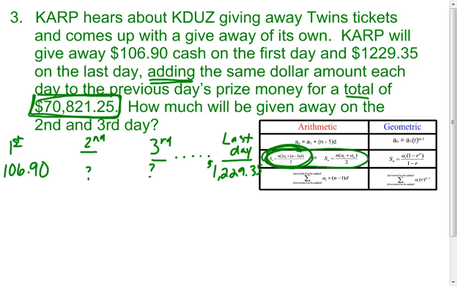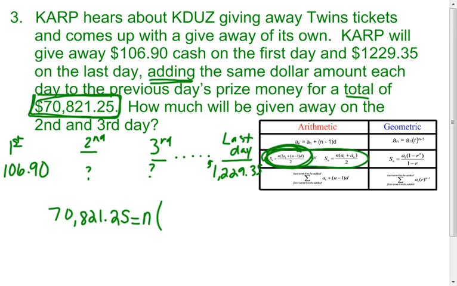So what I know is the grand total is $70,821.25. I don't know how many terms there are. I know that the first term is, no, I know that the first term is not that.